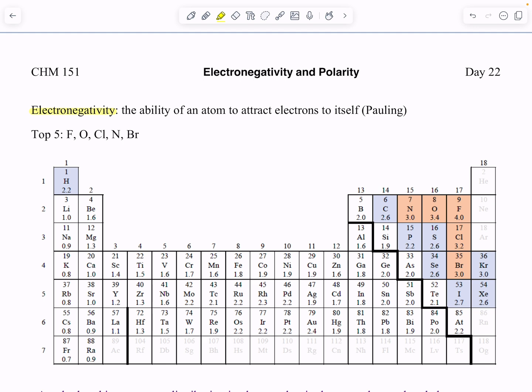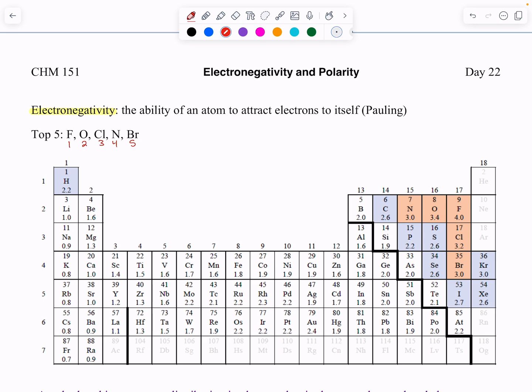The top five: number one is fluorine, 2 is oxygen, 3 is chlorine, 4 is nitrogen, 5 is bromine. Now, if you look at nitrogen and chlorine, our book has them at really similar electronegativity values.